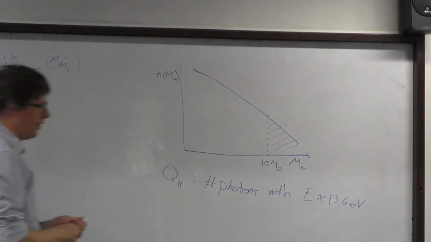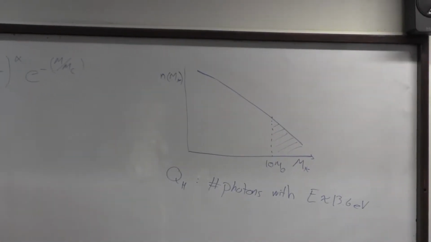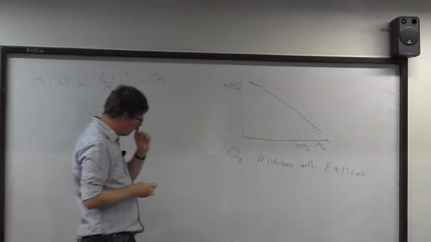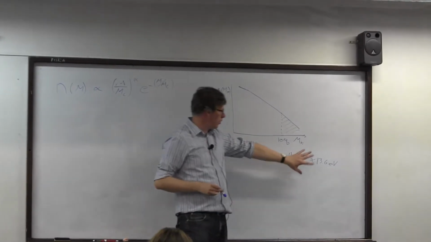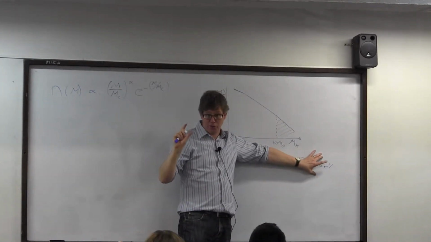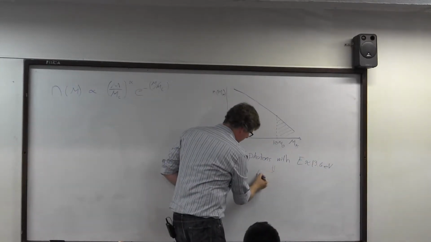Different people define this in slightly different ways, and it can be an integral to infinite energy, or just a small wavelength range. It doesn't really matter. 13.6 electron volts, you remember, is the ionization energy of hydrogen. So these can ionize.